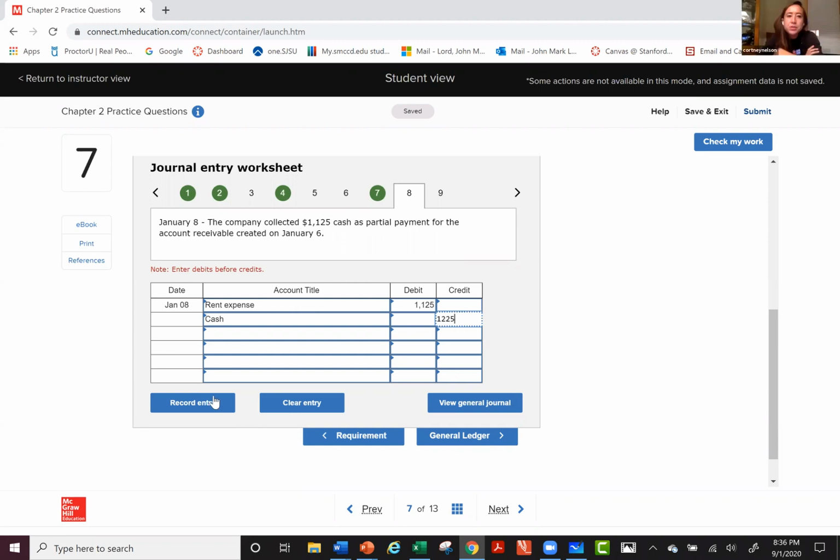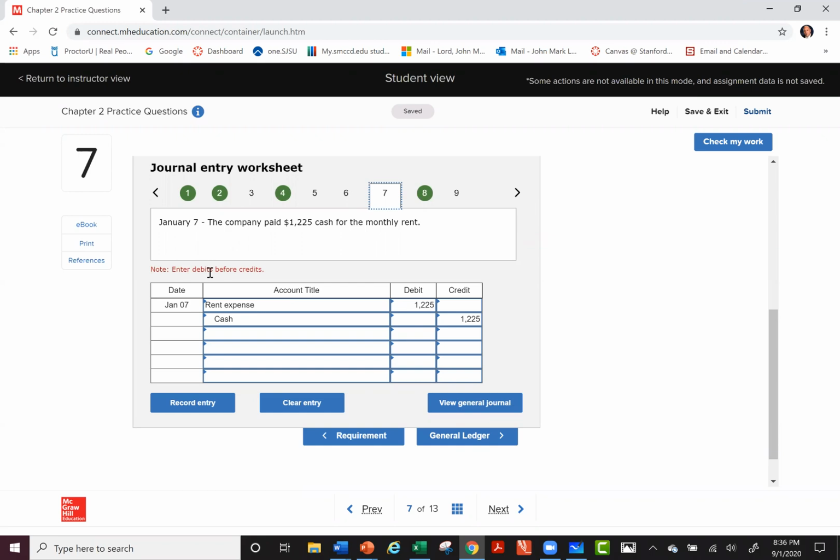No. I think your entry for the rent already went through. I think it was number 7, and now it's on number 8. I see, it was giving me a hint. Along the top it says number 7. I think that was the rent, and now this is a new one, because I put my cash first. Whatever.